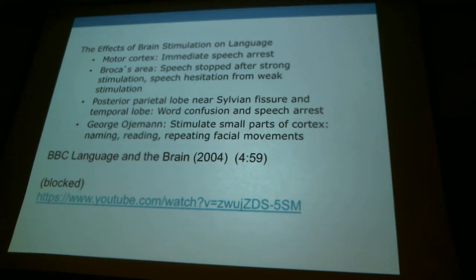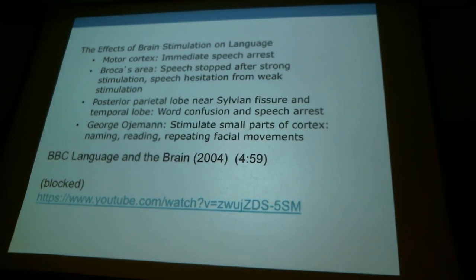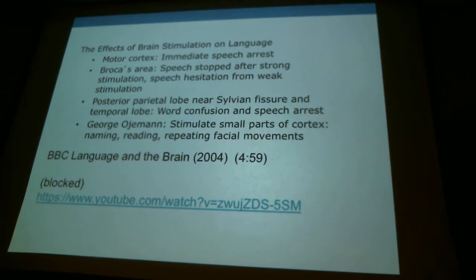On the other hand, if you disrupt Broca's area, you can disrupt speech or get speech hesitation. Okay, so we're sensitive to those sorts of disruptions. In the posterior parietal lobe and the temporal lobe, there are areas where if you stimulate, you can get word confusion and things like that. So sort of minor effects.